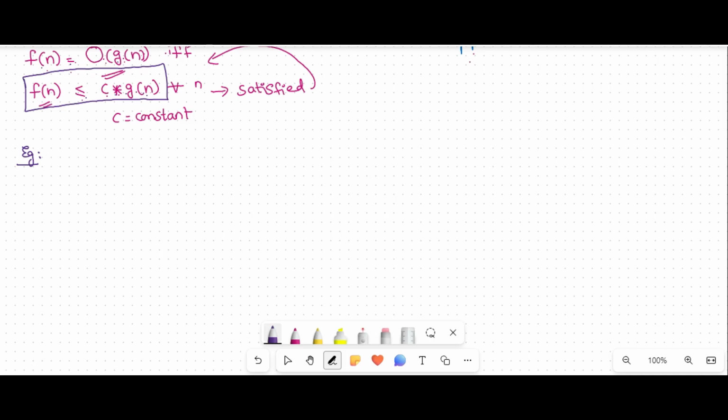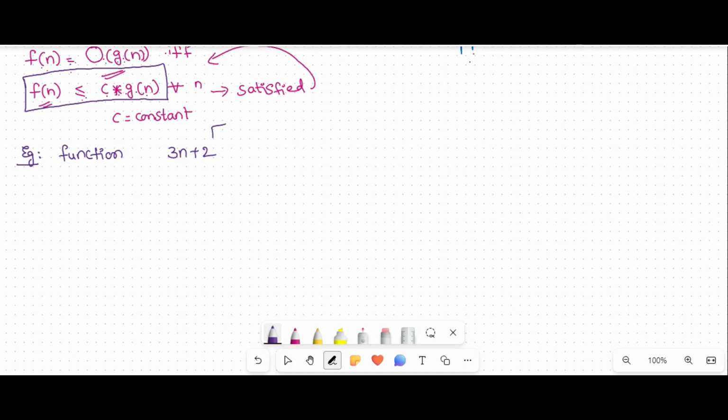Let us discuss with some examples. For example, I have one function, which is in terms of n or some constants. Suppose the function is 3n plus 2. You know how we get this 3n plus 2?